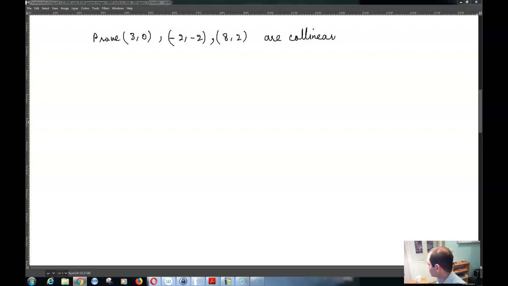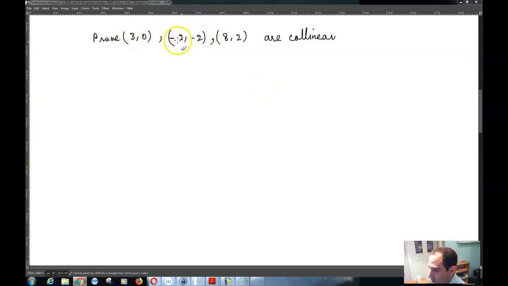So over here we have, in order to show that points are collinear, it suffices to show that the line passing through these 2 points also passes through that point. Okay, so this is also acceptable and easier.